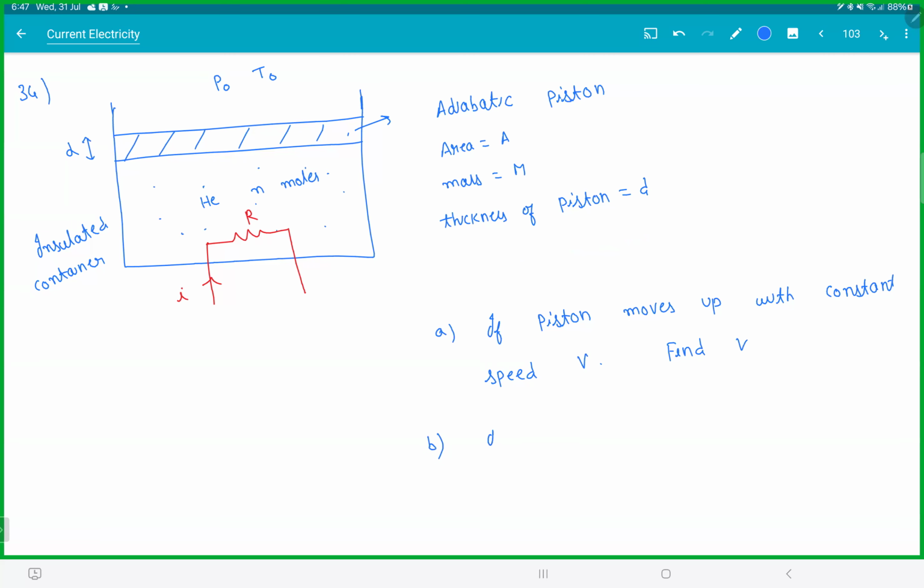Second part, if the piston is conducting, now heat can escape through this. If the piston is conducting and massless, changing the information for the second one, and if the initial speed is 0, find the velocity as a function of time.